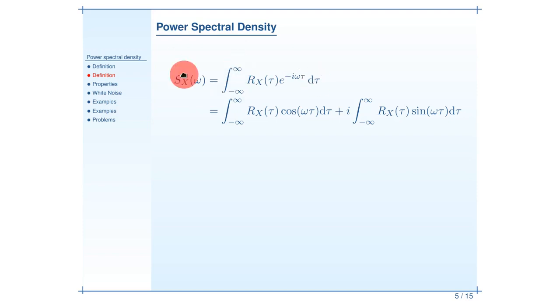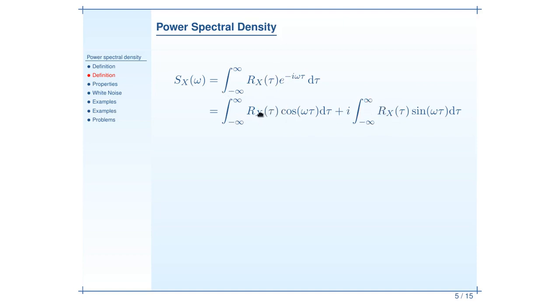Now e raised to minus i omega tau is cos omega tau plus i sin omega tau. So you can split this into two real integrals. Actually, this is a representation of the sum of these two real integrals.